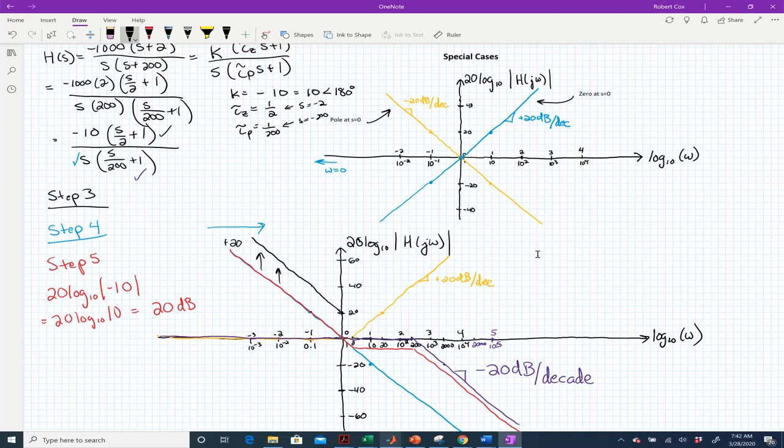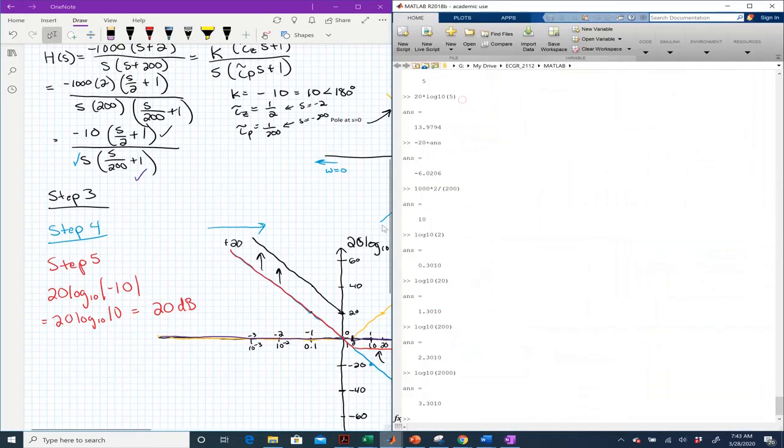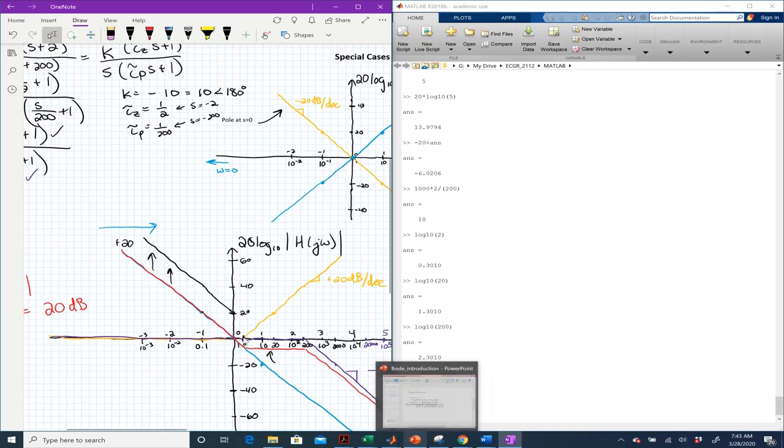One thing I want to be careful about is the value at 2, where this guy should level off. What is the height of that guy? The change happens at omega equal to 2, or log 10 of 2 on the log scale is 0.301.